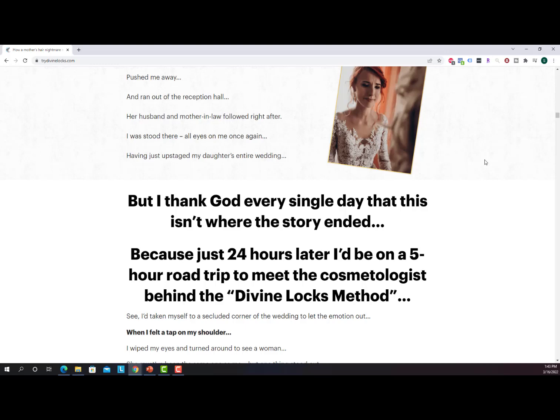Again, you start off the story with this traumatic event, whether it's being put on the spot to get emergency surgery and facing the risk of being paralyzed, or facing this emotionally traumatic event where you're embarrassed by your hair and the way it looks at your daughter's wedding, and then boom, you're taken off into this hero's journey.